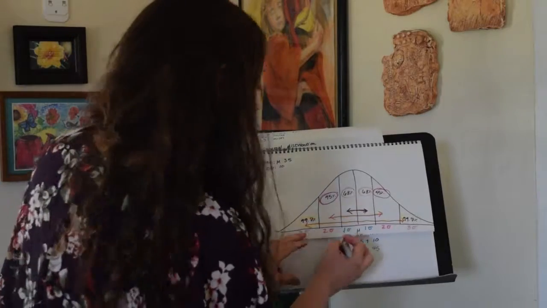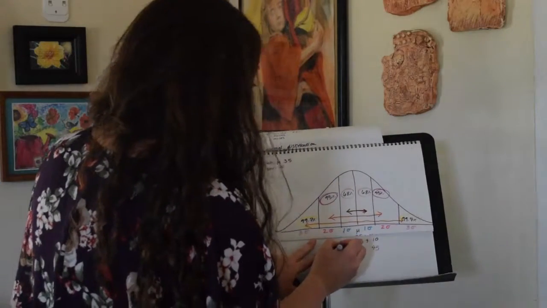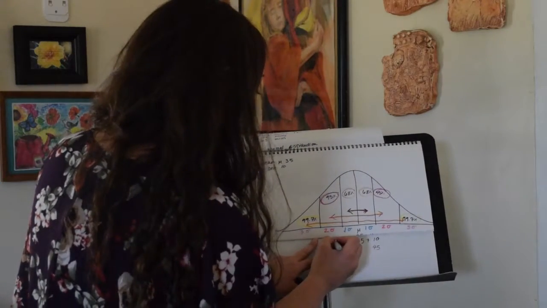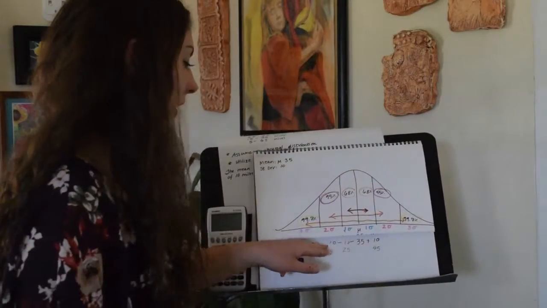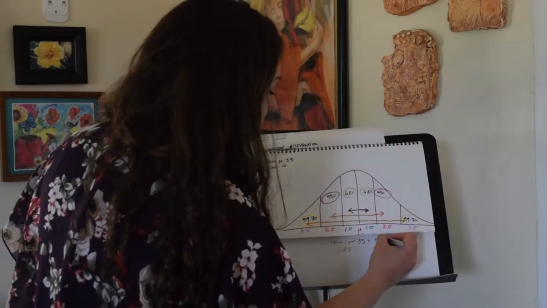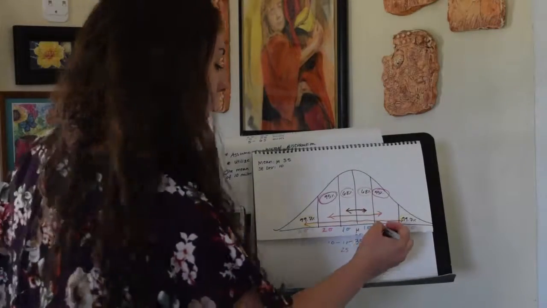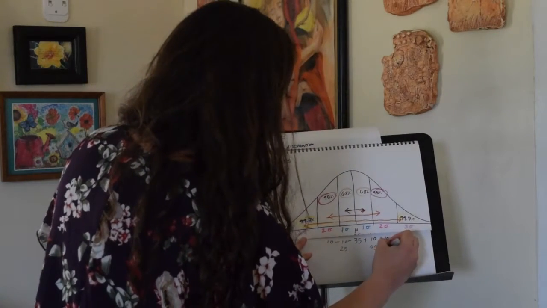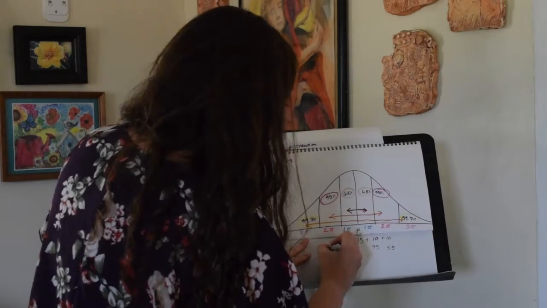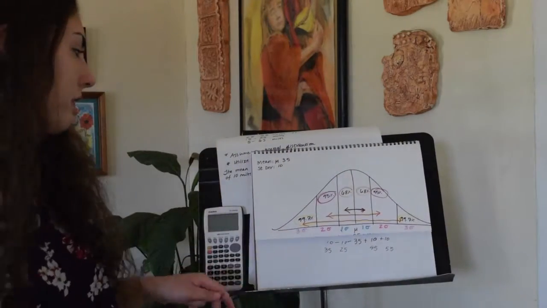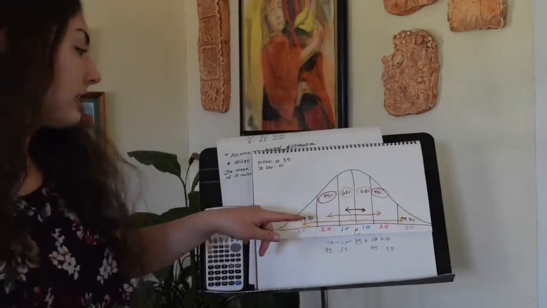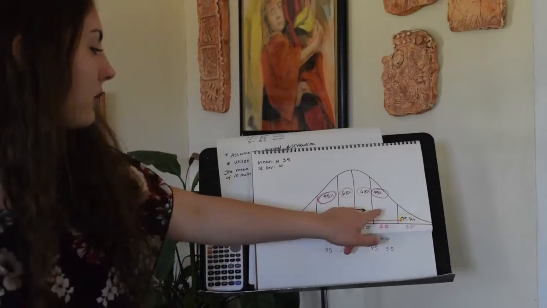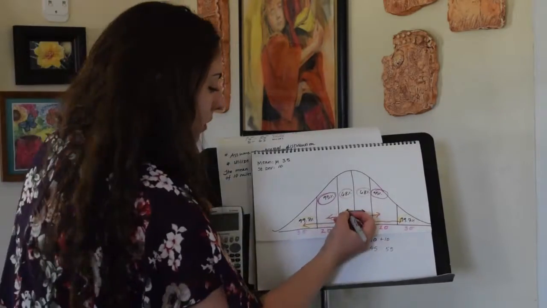Next, for 2 standard deviations of the mean, we would be subtracting another 10, or a total of 20 from 35, and then adding a total of 20, or 10 plus 10 to 35. And so we would be getting 55, and we would be getting 15, and that's 2 standard deviations away from the mean. And that's encompassing 95% of his employees now.